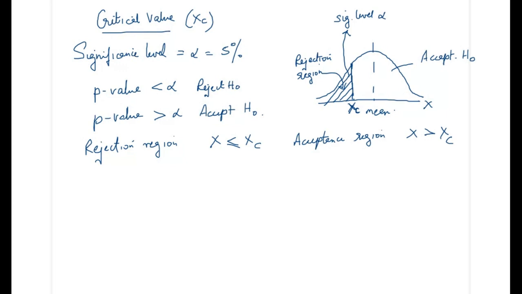Next concept we want to cover is the errors. So the first one is called the type 1 error. When do you have a type 1 error? You have a type 1 error when you reject a true null hypothesis.